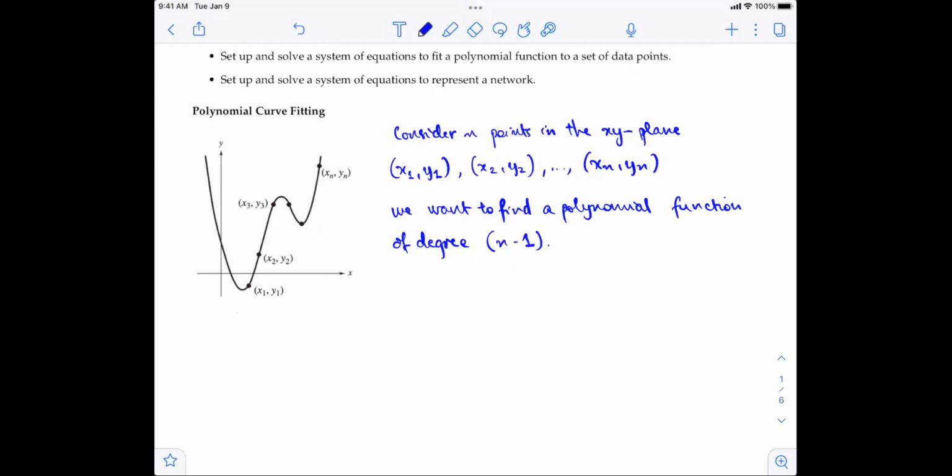All right, so why is it n minus 1? Because you have n points, and in the polynomial that we're going to write down, there will be n terms from a sub 0 up to a sub n minus 1. Altogether, you have n terms, so that's why we just do this up to a degree of n minus 1.